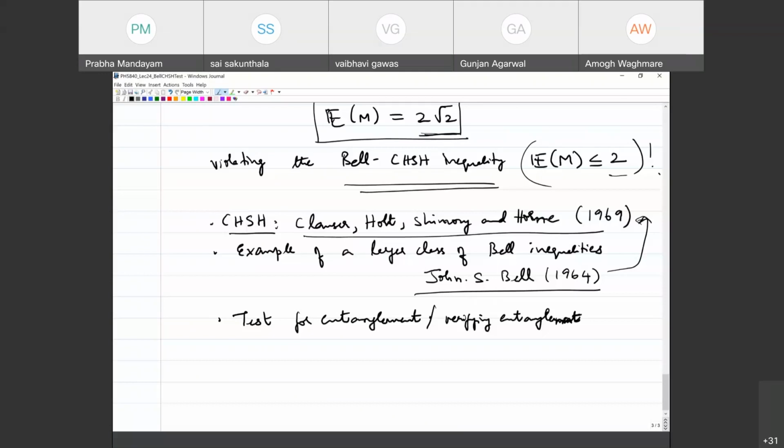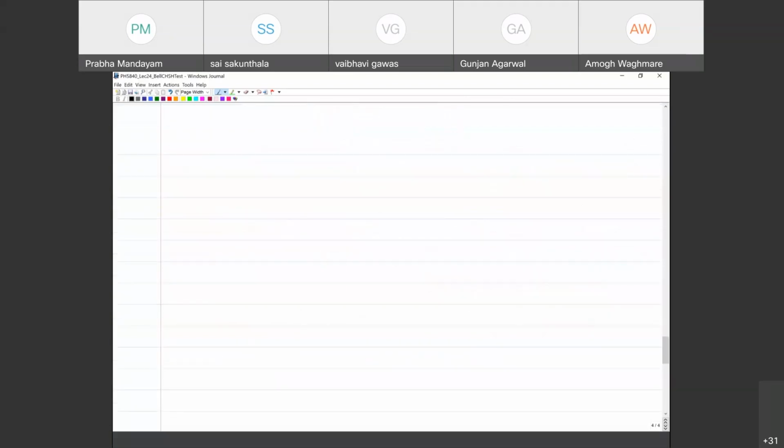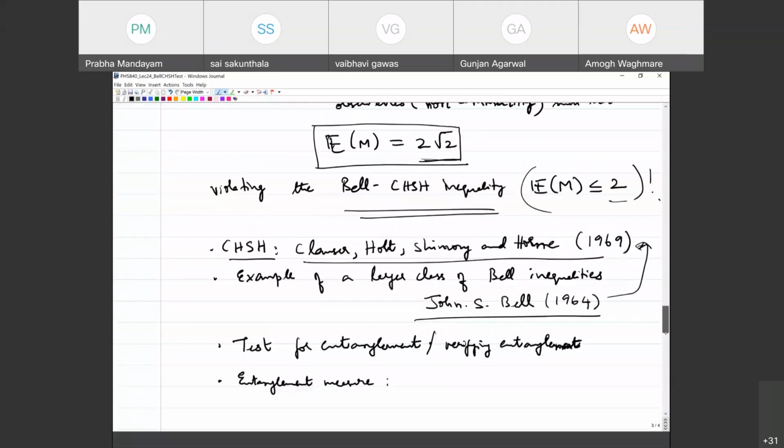So it can be used as an entanglement measure, because for entangled states, so let me back up a little bit. It is not as if all quantum states are going to violate the Bell-CHSH test.